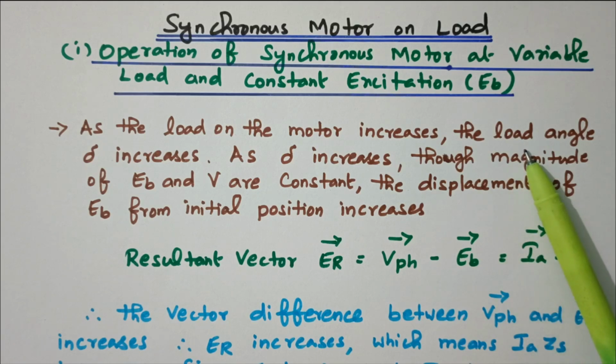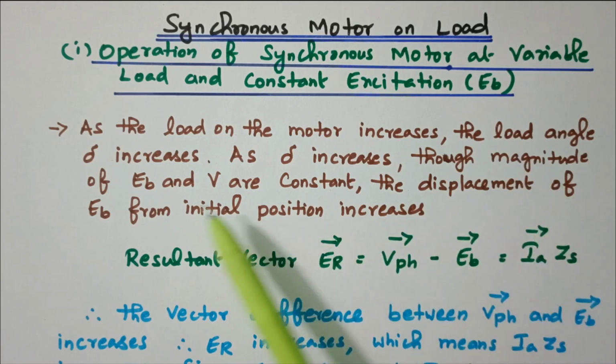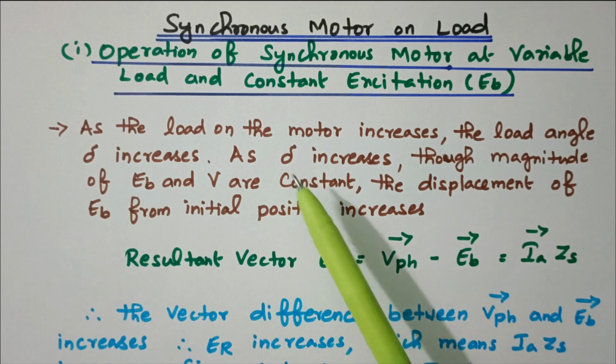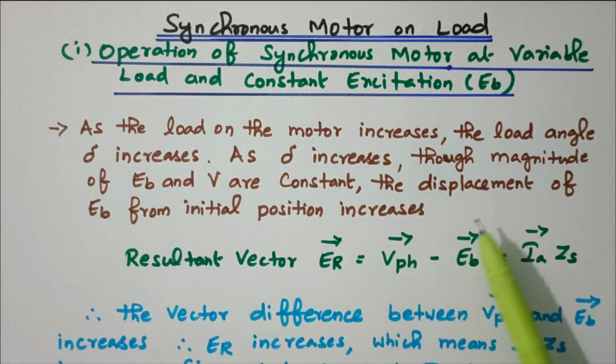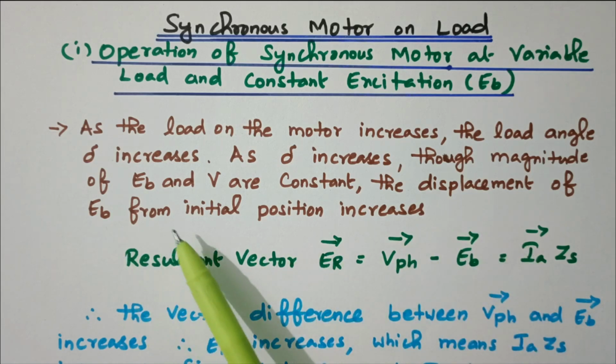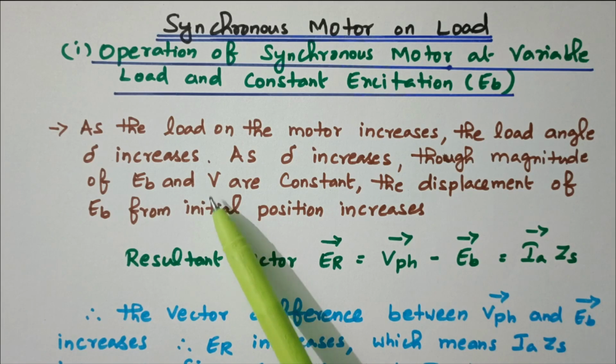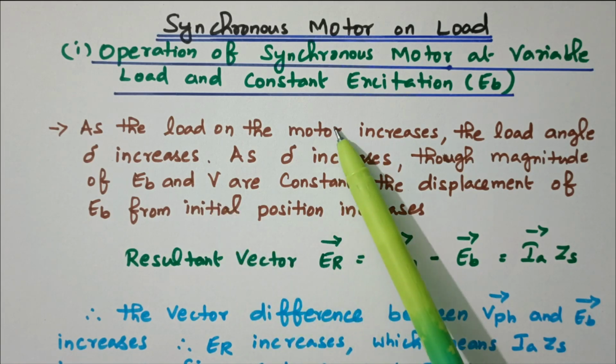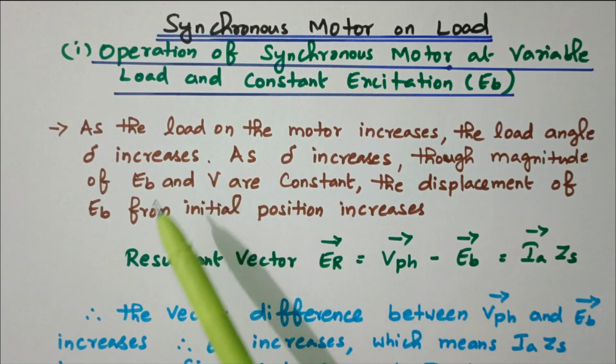So when the load increases, delta increases and the phase displacement of Eb increases, even though Eb and V are constant.